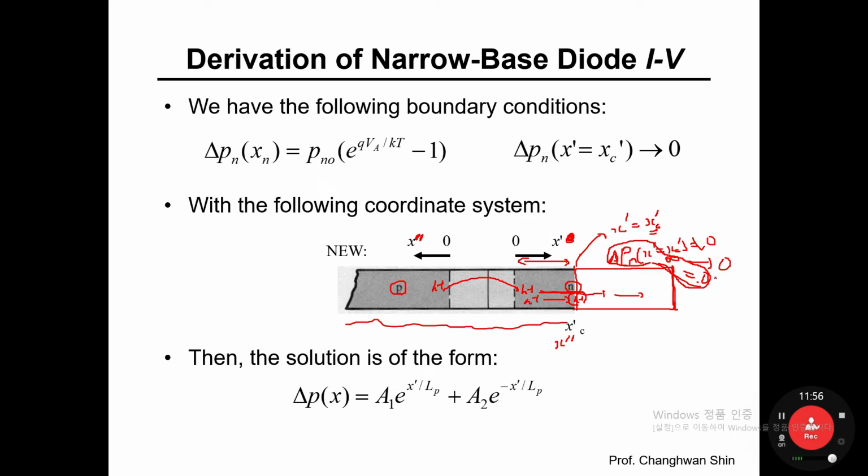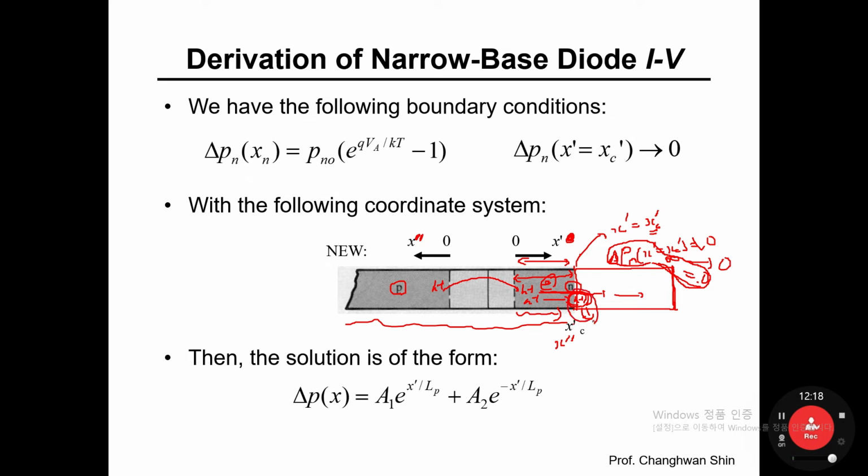However, here, since the physical length of the n side becomes aggressively shortened, part of the injected holes would still be alive. I mean those holes have not been well recombined with electrons in the n side while going through the n side quasi-neutral region.